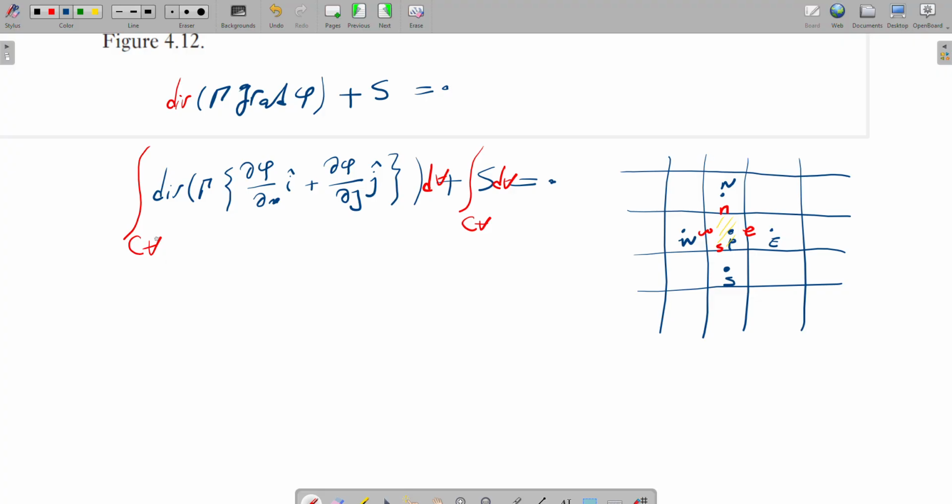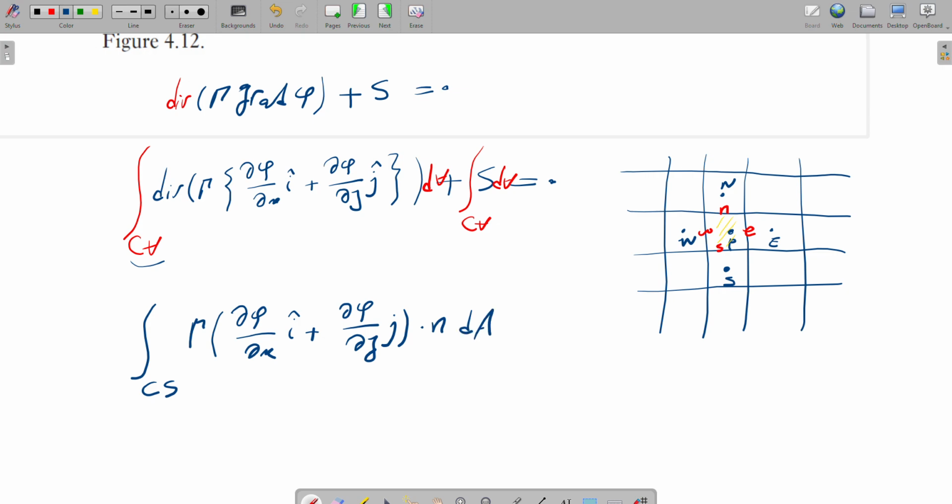By the divergence theorem, this integral over the control volume changes to a surface integral over the control surface: the integral of gamma dphi/dx i plus dphi/dy j dot n dA, plus S delta V equal 0.